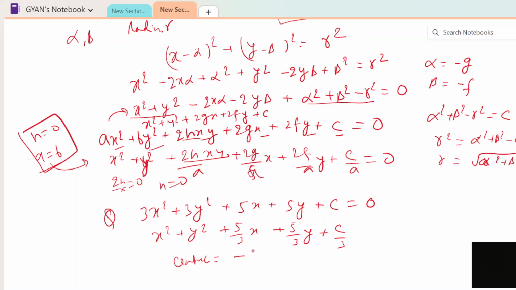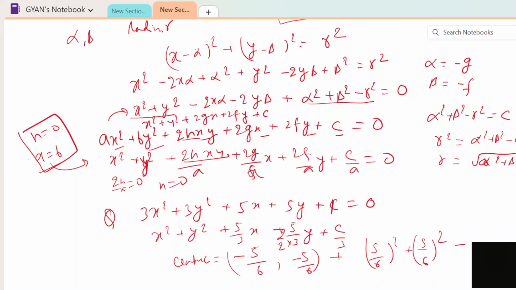So 2gx, the center is minus 5 by 6, minus 5 by 6, because you multiply by 2 and divide by 2, and 3 times 2 is 6. And the radius is root of (5 by 6) the whole square plus (5 by 6) the whole square minus c by 3.